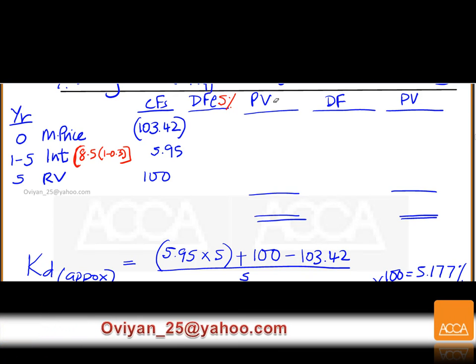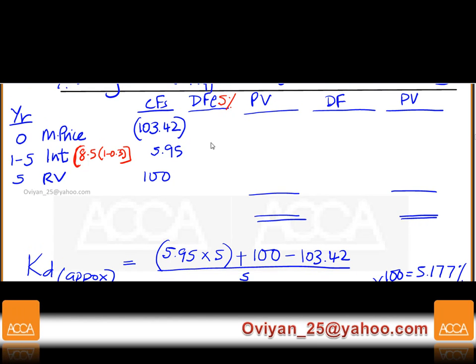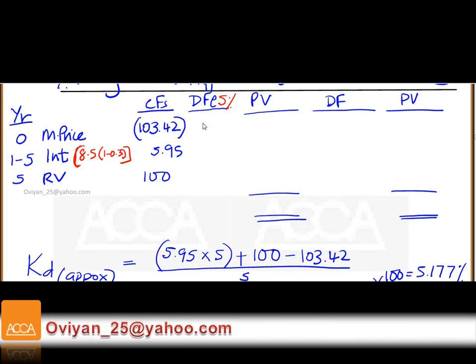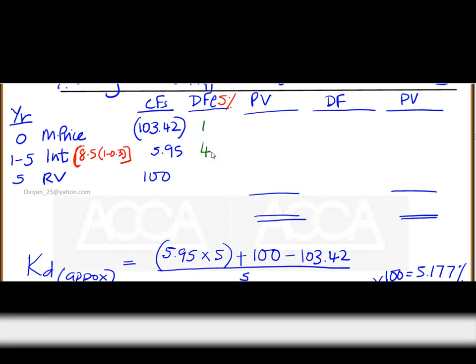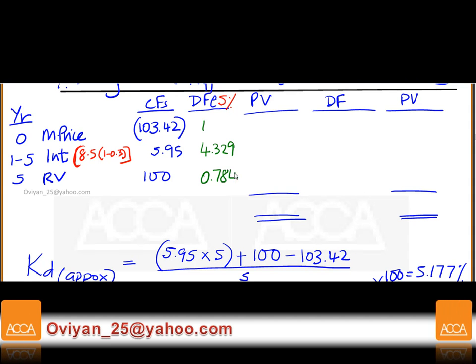Now, this method will give you one positive, one negative. At 5%, looking at your calculators or your discount factors or some formulas, pressing the buttons, you're going to get 1, recall the memory, you should get 4.329, and this is going to be 784.